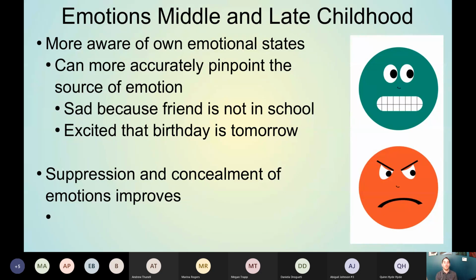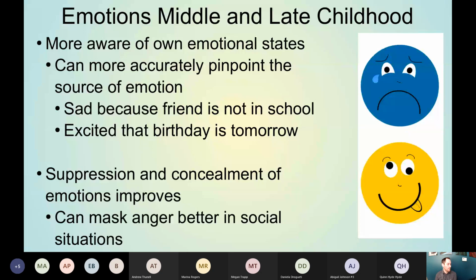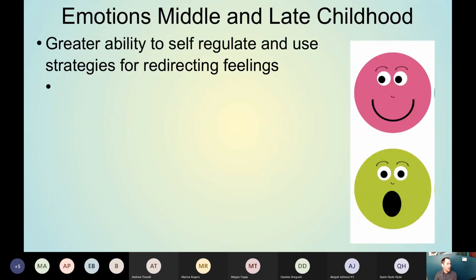Versus if you displayed your emotion, it might make them react a certain way, that bidirectional interaction. So children are getting better at this and realizing that if they display a different emotion, it can lead to different social consequences in their environment around them. So that was the example I just gave.